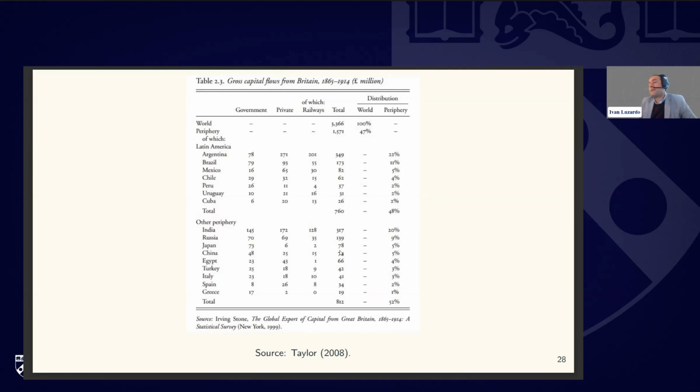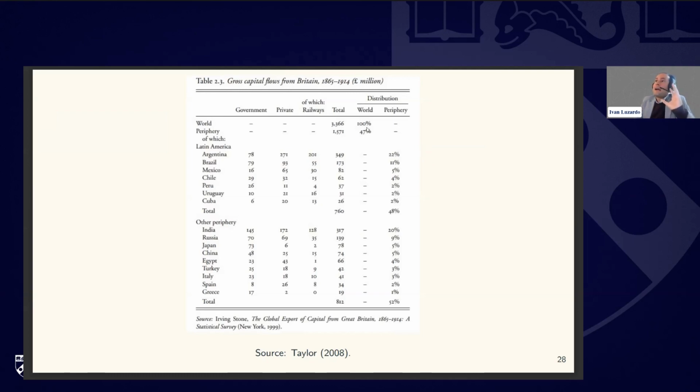Now, focusing only on peripheral countries, so basically excluding the core economies, we can see that the relevance of Latin America is more evident.